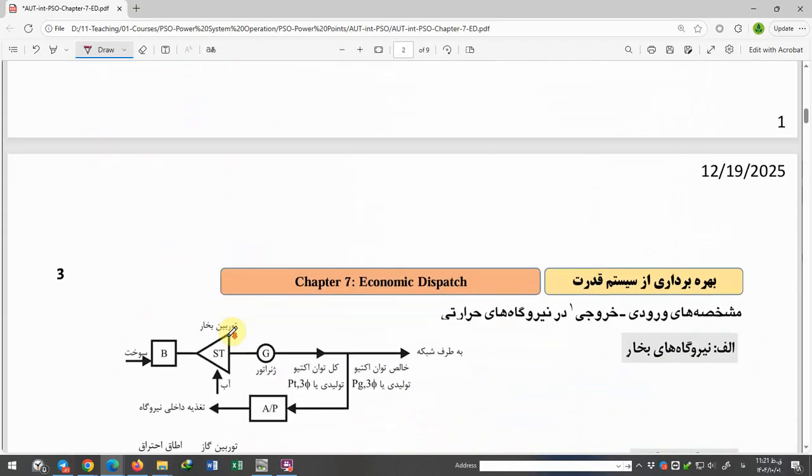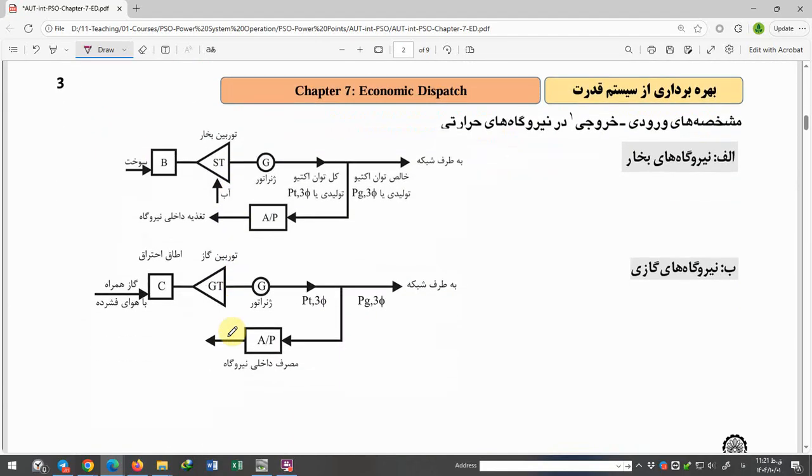So if you want to draw the input and output of a steam power plant, we can say that the fuel is input to the combustion part.